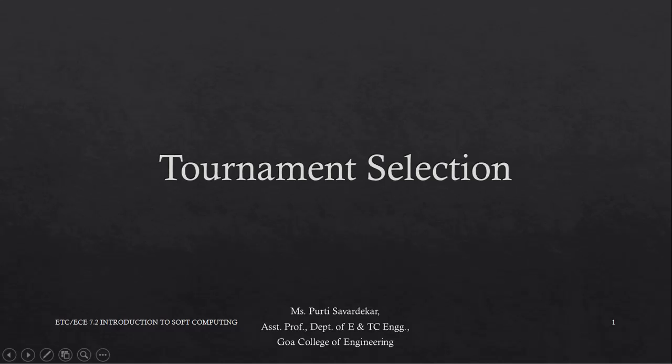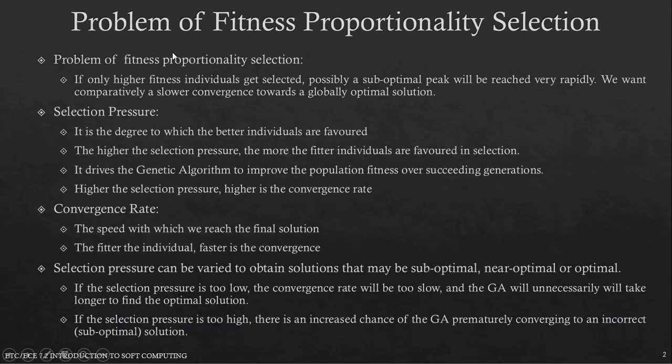In the last lecture, we discussed and understood the stochastic universal sampling technique. In today's lecture, we will focus our attention on the next topic, the tournament selection technique. So let us begin. The tournament selection technique also tries to solve the problem of fitness proportionality selection.